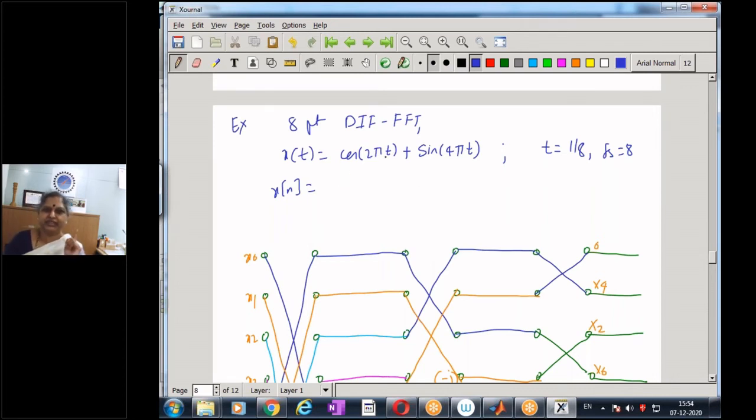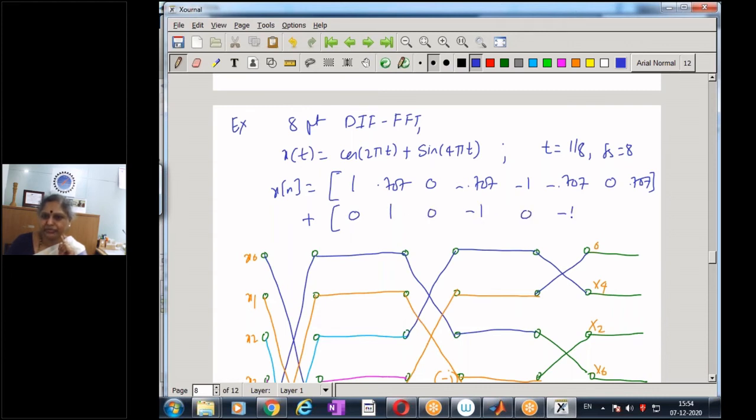So now if I take my first signal, this is going to be 1, 0.707, 0, minus 0.707, minus 1, minus 0.707, 0, 0.707, plus this is going to be 0, 1, 0, minus 1, 0, 1, 0, minus 1.